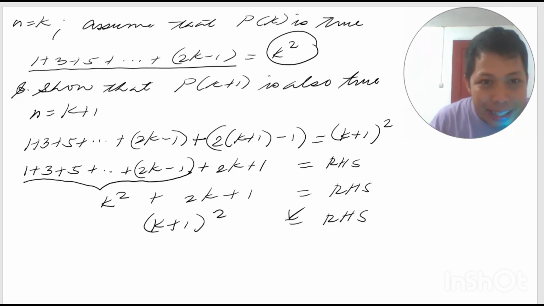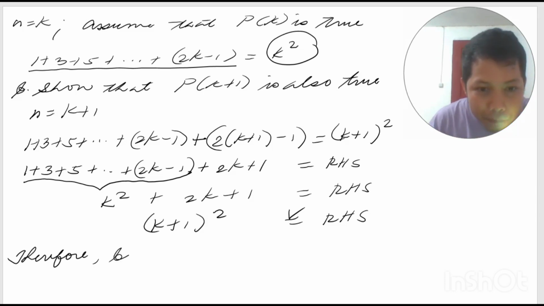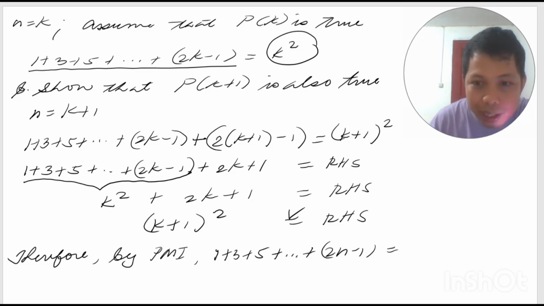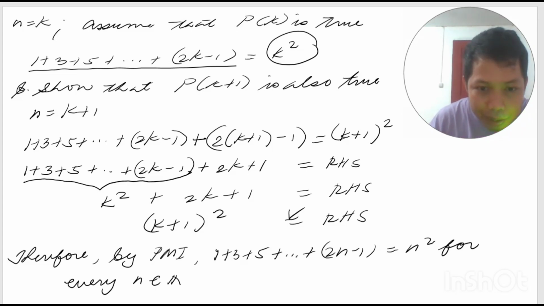Since the inductive step holds, we can now conclude that, by the principle of mathematical induction, going back to the original statement, 1 plus 3 plus 5 plus and so on plus 2n minus 1 is equal to n squared for all n, an element of the natural numbers.